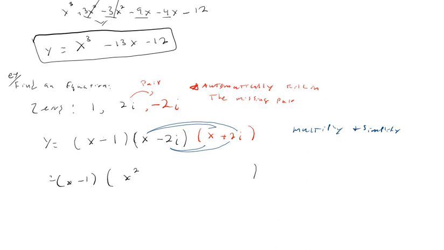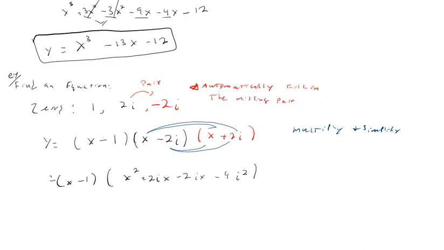And negative 2i times 2i is going to be minus 4i squared. Do not forget that when you multiply i times i, you're going to get i squared. Do not forget that. Okay?